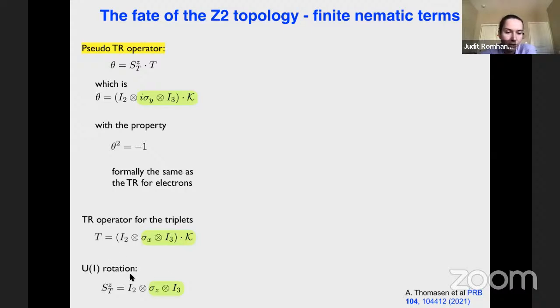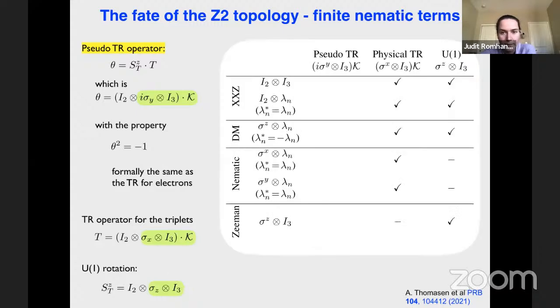And U1 rotation around the z-axis is generated by the sigma z Pauli matrix, so that we can write as a sigma z cross identity. Again, the orbital degrees of freedom are not affected by this. And it is very easy to see how these different terms in our Hamiltonian behave, whether they are invariant or not under these different symmetries.